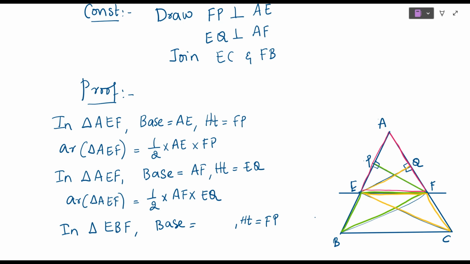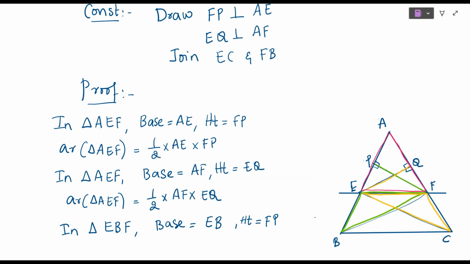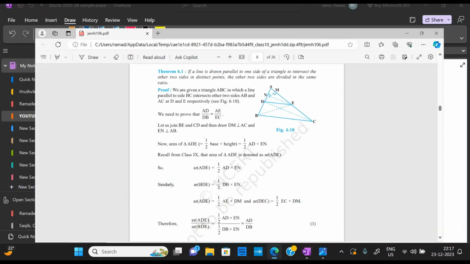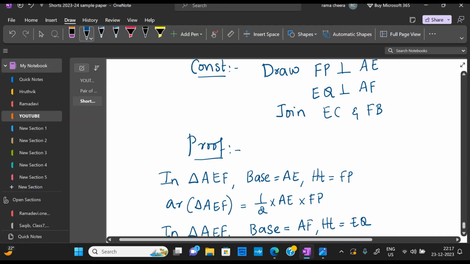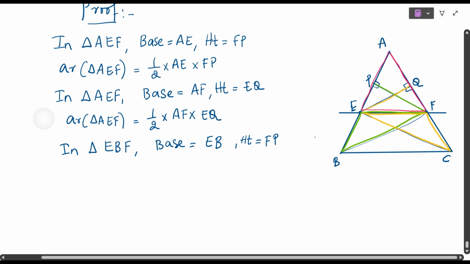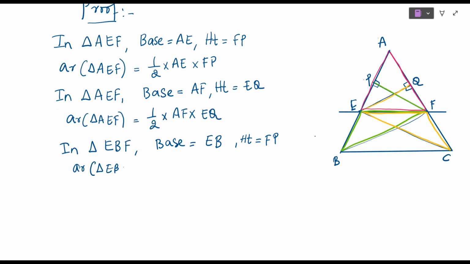Sorry, EB. Understood? Now, area of triangle EBF is equal to half into base EB into height FP.